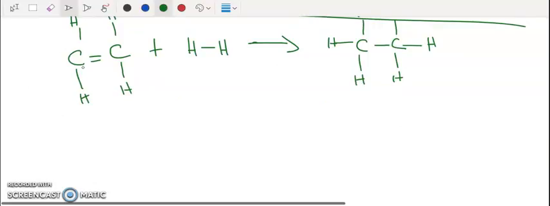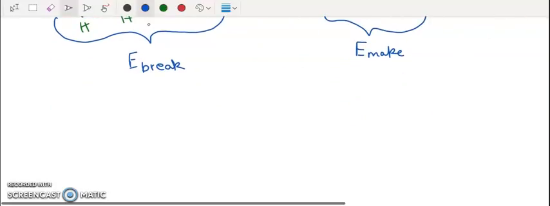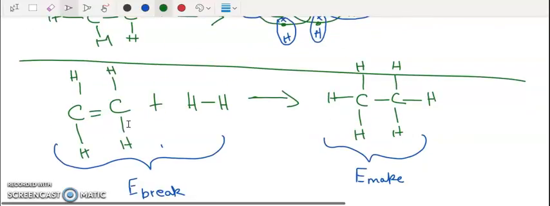So now let's plug in the values. So this is our energy to break and our energy to make. So on this side to break, we have 1, 2, 3, 4.